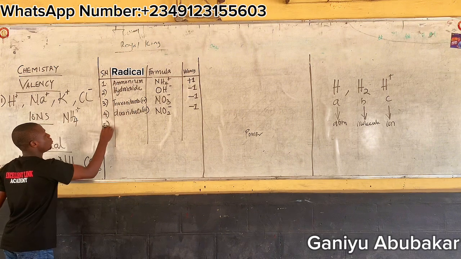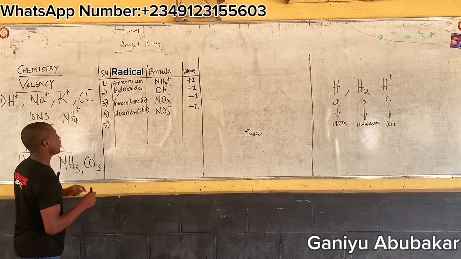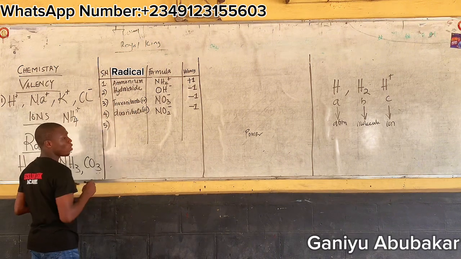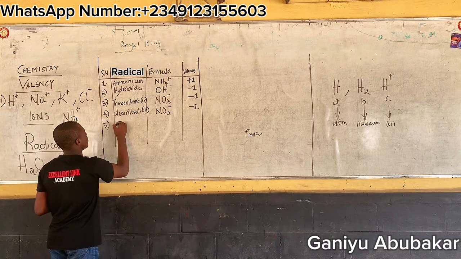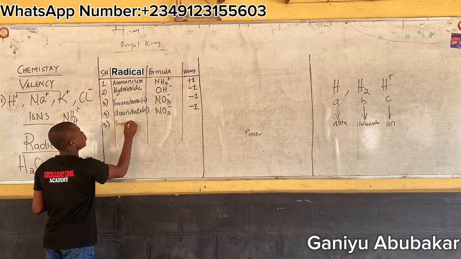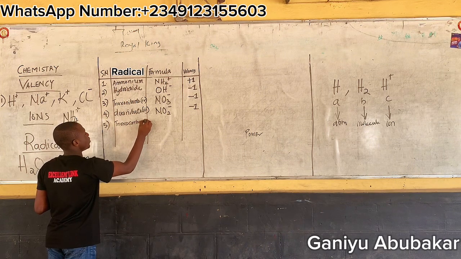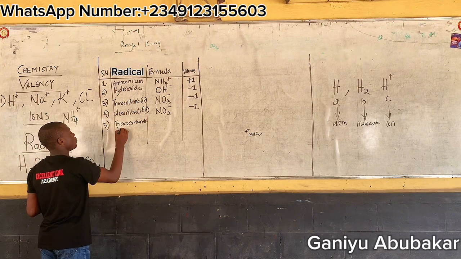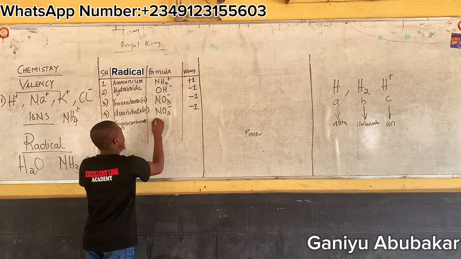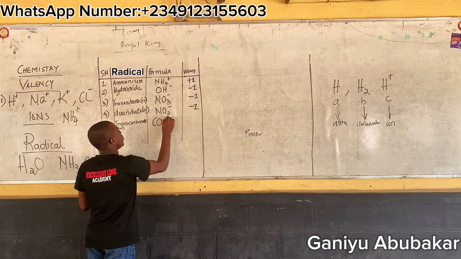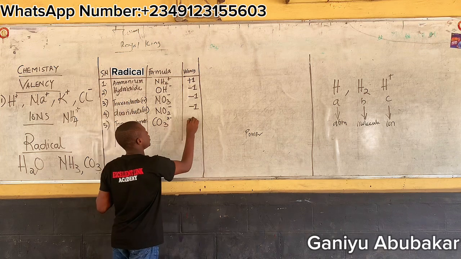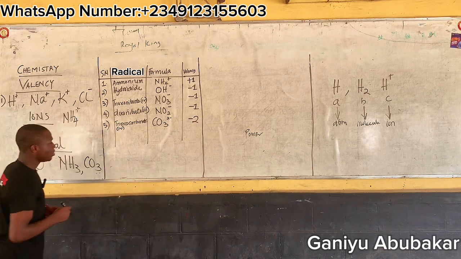Number 5, we have trioxocarbonate 4. That's CO3 2 minus. This minus 2 is the valency.